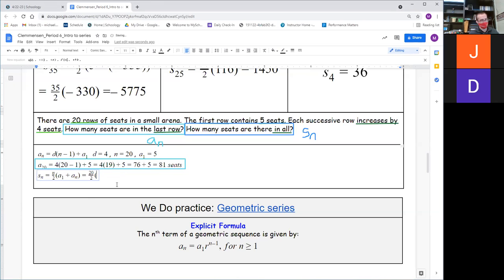Over my a sub 1, which we know is 5, plus my a sub n, which is 81. I do some simplifying, I get 10 times 86, which equals 860 seats in total. And then again, I box my final answer.